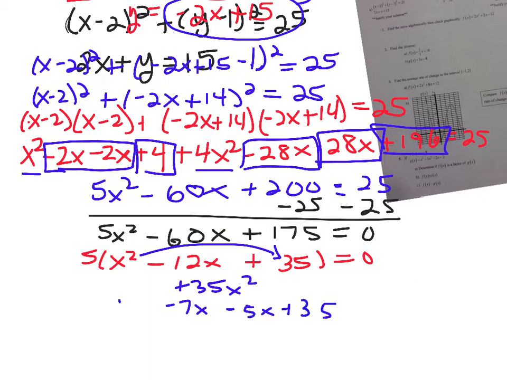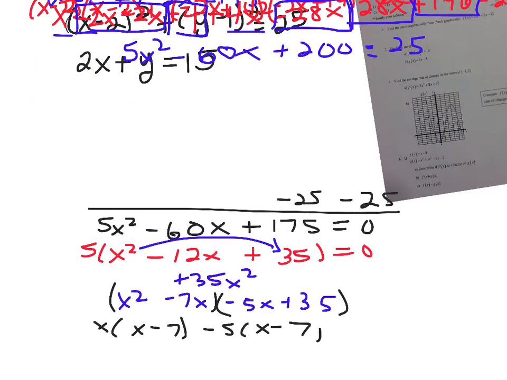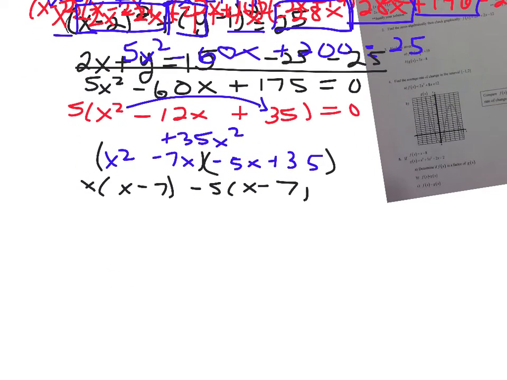Bring down the front and the end. And then we'll factor by grouping. So the GCF of the first group is x times (x minus 7). GCF of the second group is negative 5 times (x minus 7). Okay, so my factors are 5 from the first part times (x minus 5) times (x minus 7) equals 0.